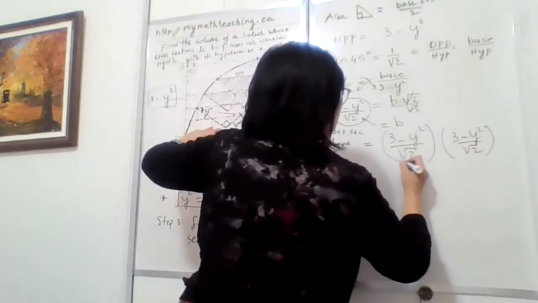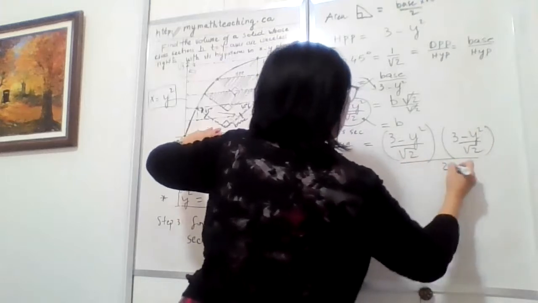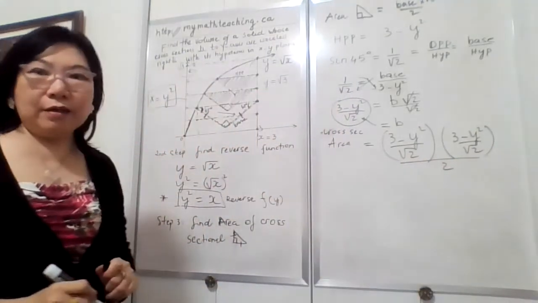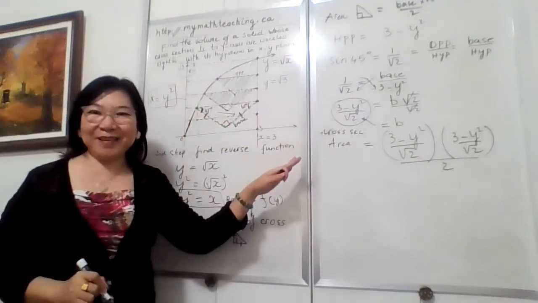And all of this is divided by 2. That's the formula for the area of a triangle.